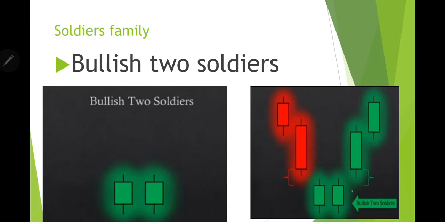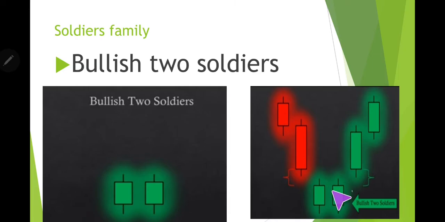Bullish two soldiers. The bullish two soldiers will appear in a downtrend, signaling the reversal to the upside. As you can see there, those two candles open in the downtrend with a gap down. You can see another candle next to it, and then they signal that the trend is about to reverse.